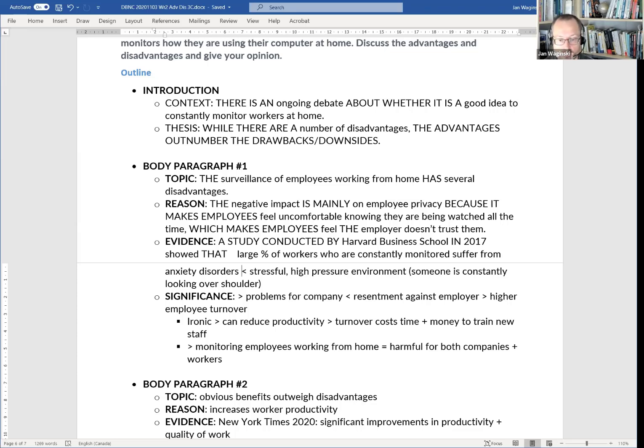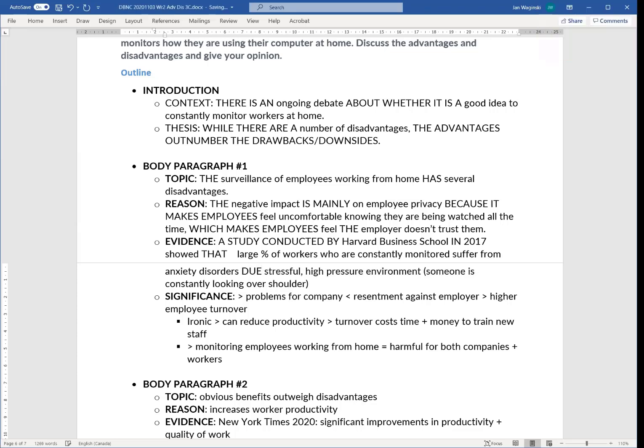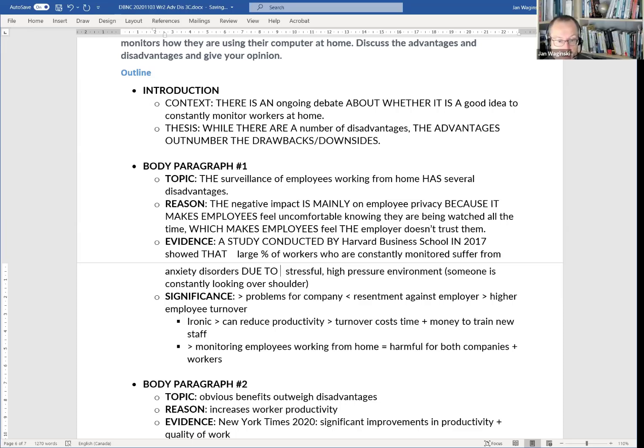Okay. So who are constantly monitored suffer from anxiety disorders due to the stress, which makes a high pressure environment on employees. Yeah, you could do that too. Let's do a couple small fixes here.